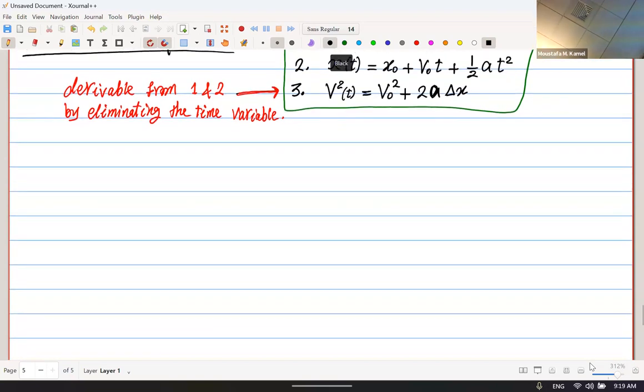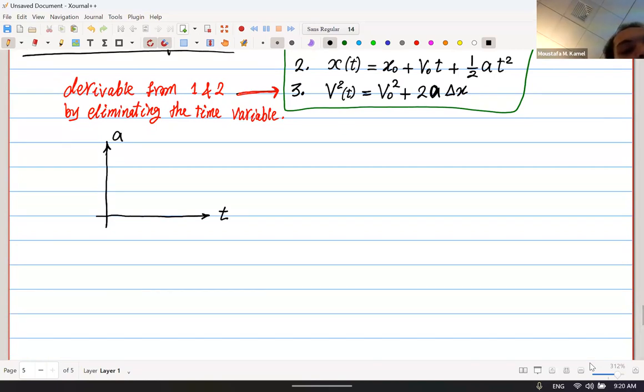So if an object is moving with constant acceleration and we want to draw an acceleration versus time graph, let's put the time on the x-axis. Usually the independent variable is placed on the x-axis or the horizontal axis, and the vertical axis is reserved for the dependent variable.